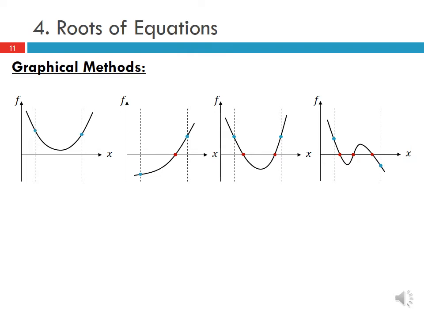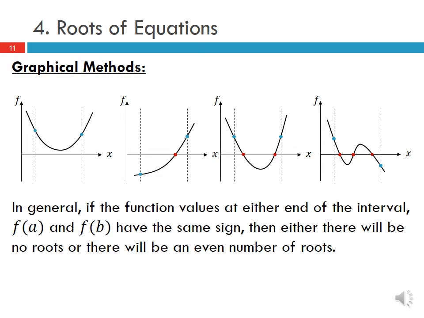So for example, we've got examples of a few different functions here and what different types of behavior we can see when we plot the function over an interval. In general, if the function values at either end of the interval, so f of a and f of b, assuming our interval goes from a to b, the value of the function at a is f of a, and the value of the function at b is f of b.